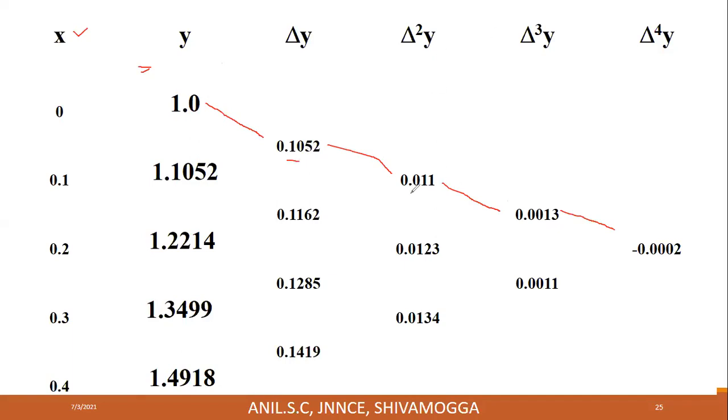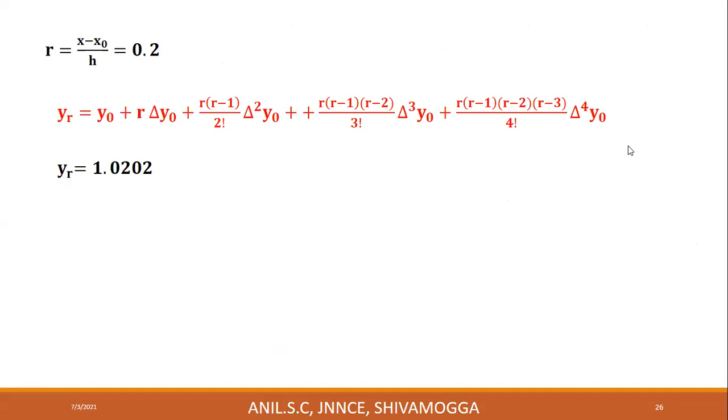Del square y naught is 0.011. Del cube y naught is 0.0013. And del power 4 y naught is minus 0.0002. Note down these values and substitute here. Calculate and tell me whether this is equal to 1.0202 or not.